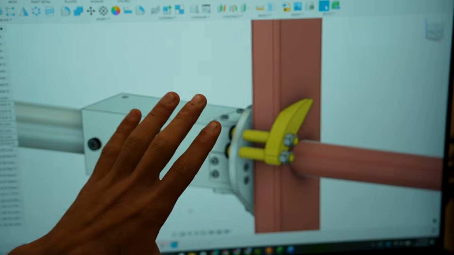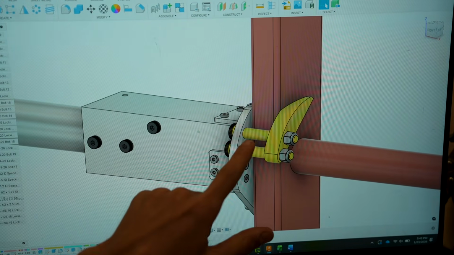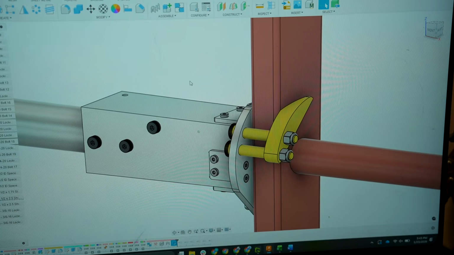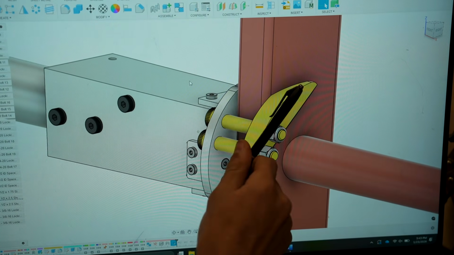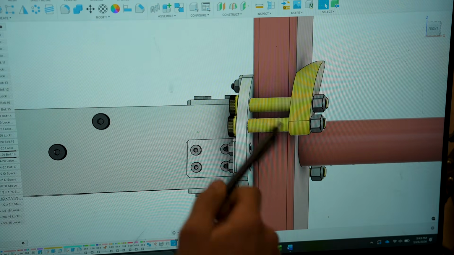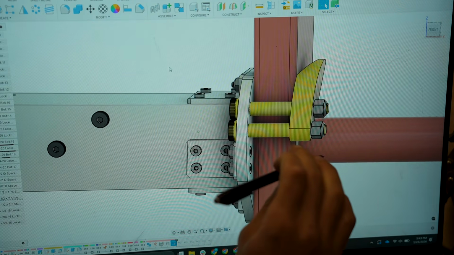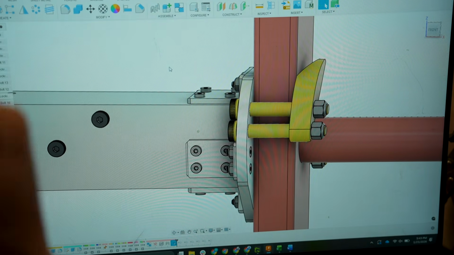Now time for the hook. Let's talk hook. So this is the hook geometry that we're analyzing. We have these two bolts resisting the bending moment on the hook here, and also these two bolts resisting the shear. Should both bolts be resisting the shear?